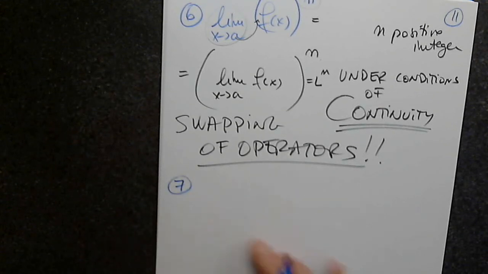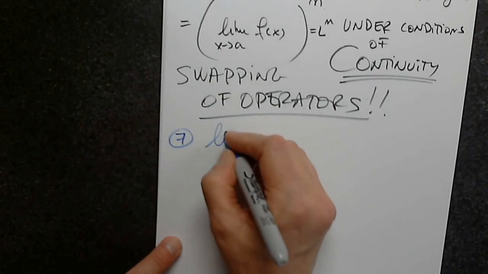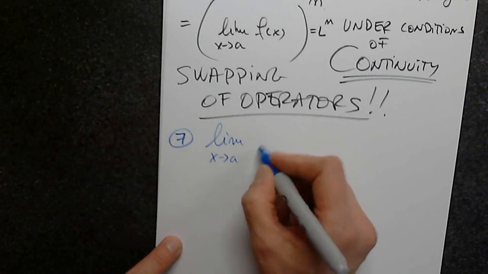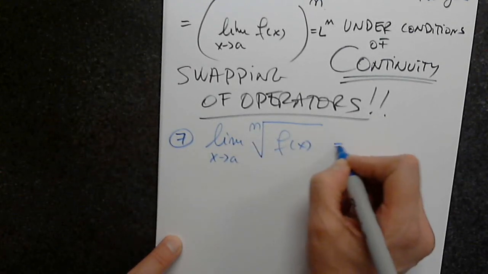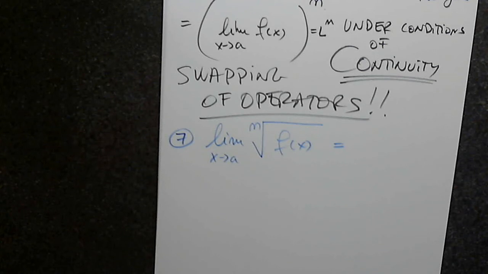7. And you'll tell me how to write this one, and which operators we swap this time. Of course, n has to be a positive integer. Not 0, not 1. 2 and above. So what will you write?